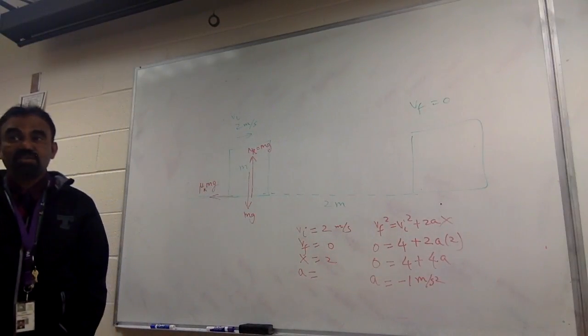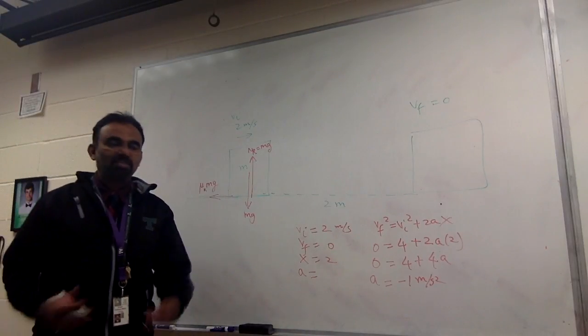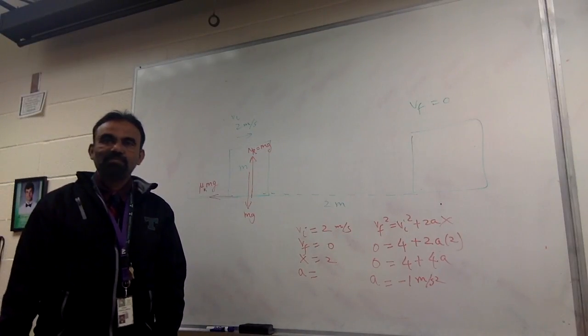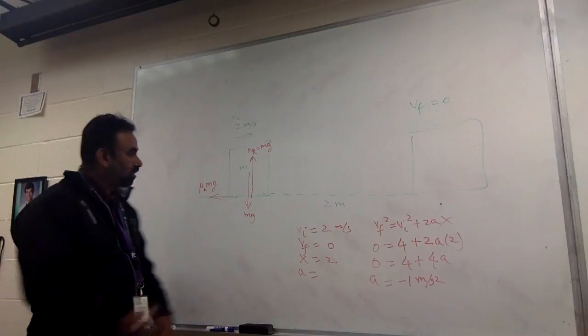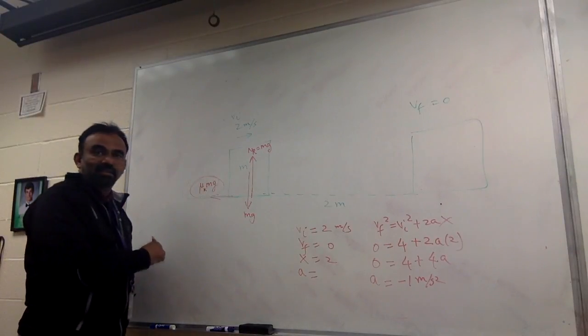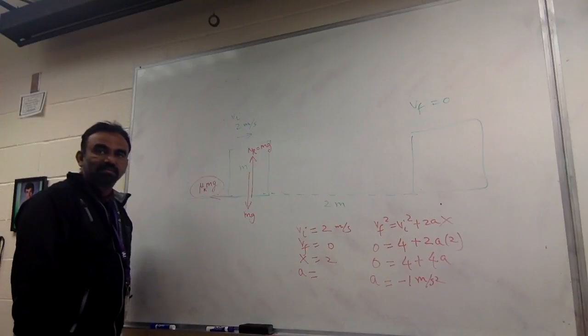Alright, so you got the acceleration. If that is the acceleration, how much is the force? Mass times acceleration is a force, right? So this force that you're seeing here is mass of this object times that acceleration.